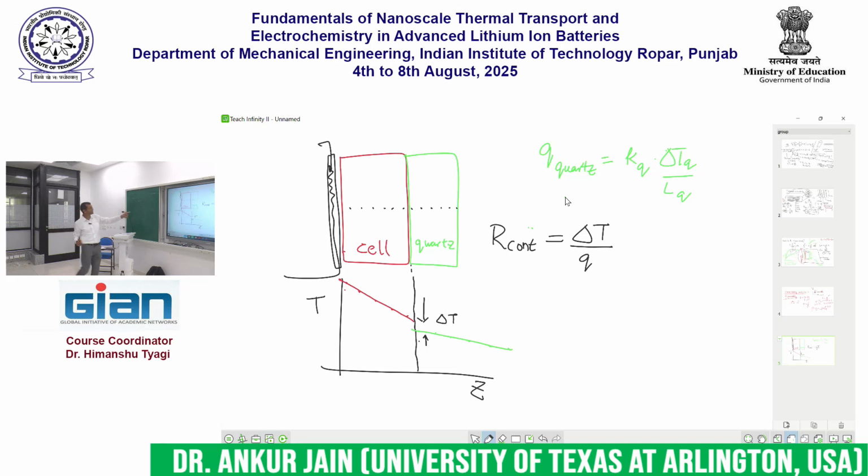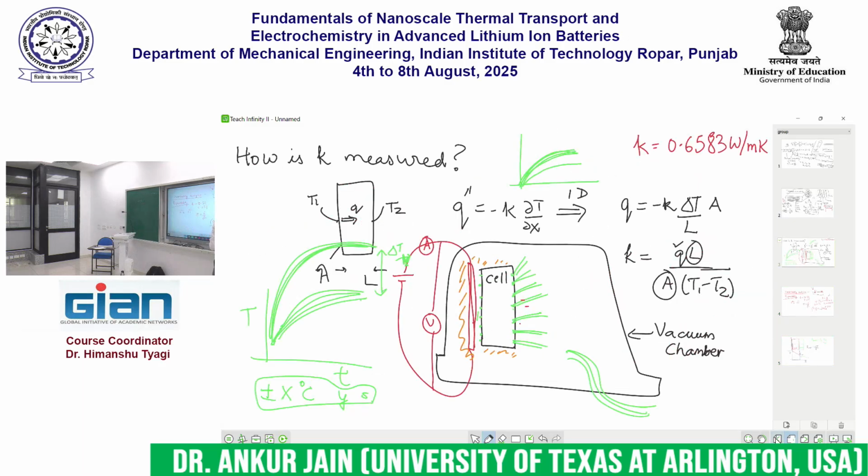Why is it useful for me to have this standard material? Because remember that we said that the amount of heat that flows through the cell is given by I squared R, right? But that is a very crude approximation, because not all of the heat generated in the heater goes through the cell.